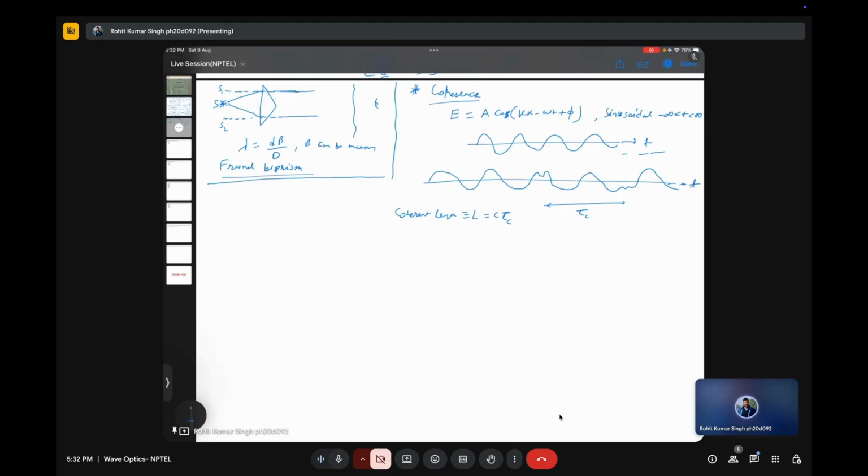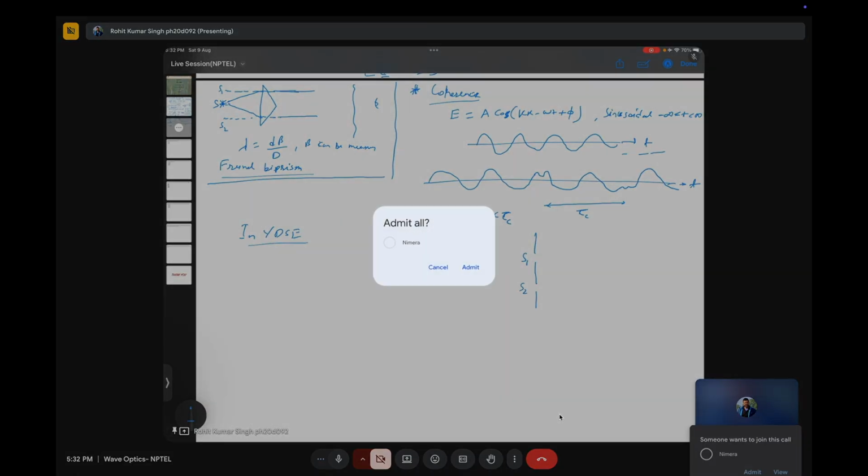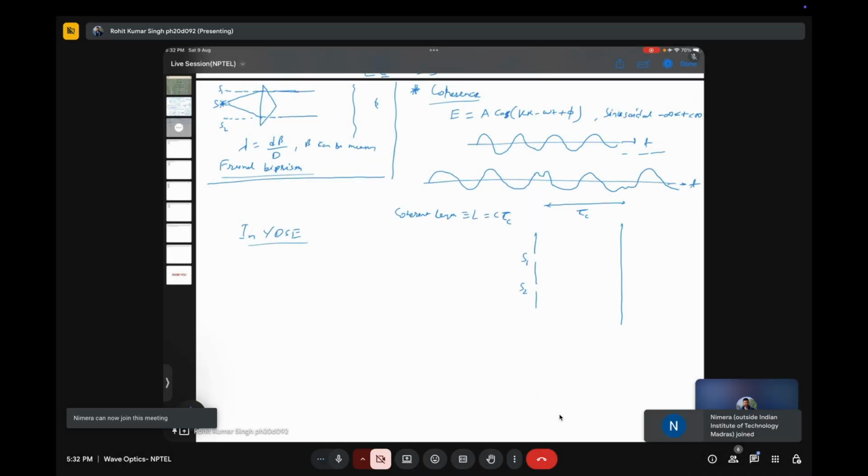Now in Young's double slit experiment that we discussed above, what we saw is we had two sources of light, and suppose we are looking at the interference pattern at point P from these two sources, and this distance we can call R1, this is R2. Now the light reaching P from S1 and S2 will reach at basically different times.